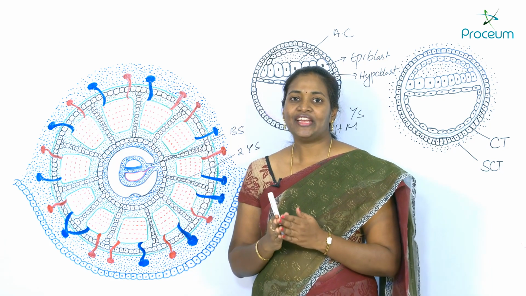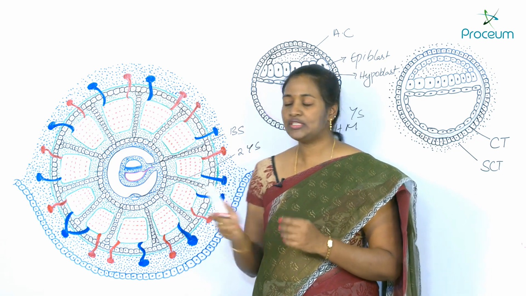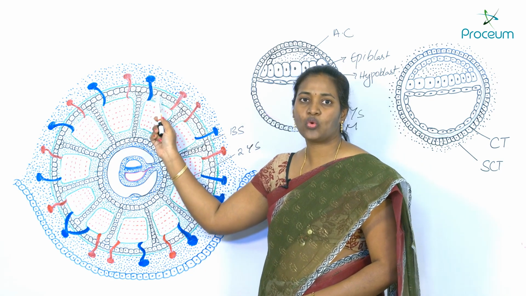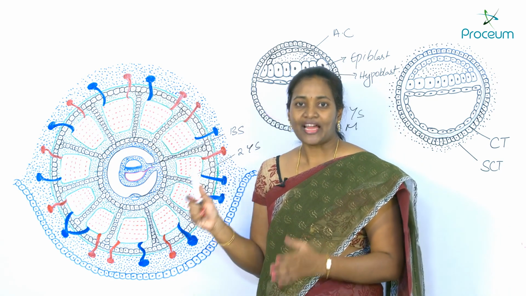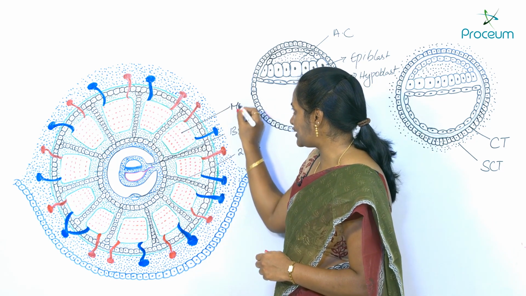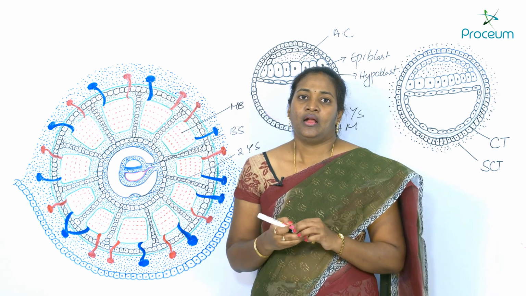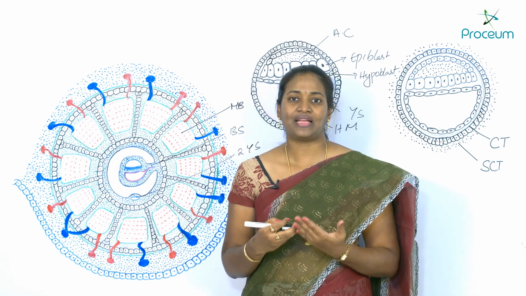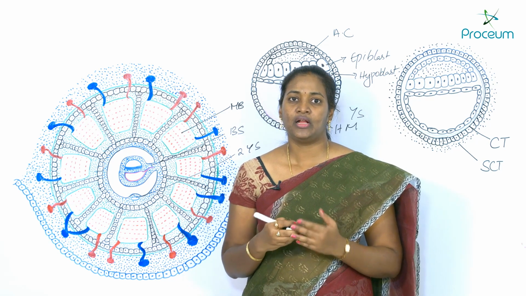The lacunae erode the spiral branches of the endometrial arteries and endometrial veins. Now, the lacunae are filled with the maternal blood. This results in the formation of the uteroplacental circulation.